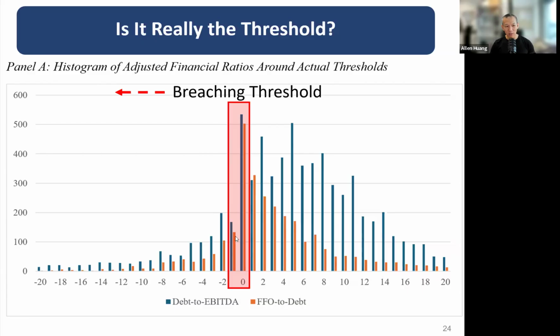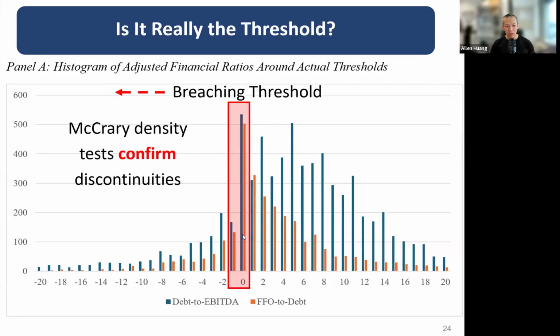As you can see, there's a significant increase in the number of firms that are exactly at 0 compared to a negative number breaching the thresholds. So this clear discontinuity means that firms are actively trying to avoid breaching the thresholds that are issued by S&P.